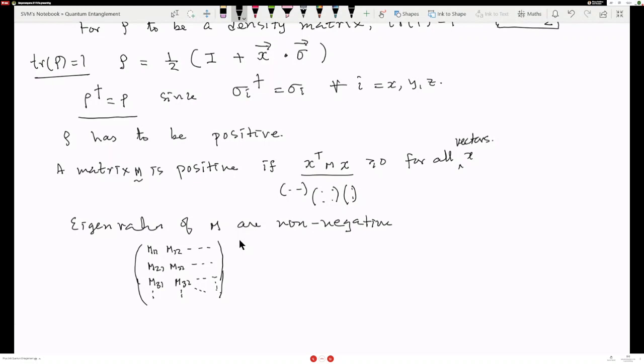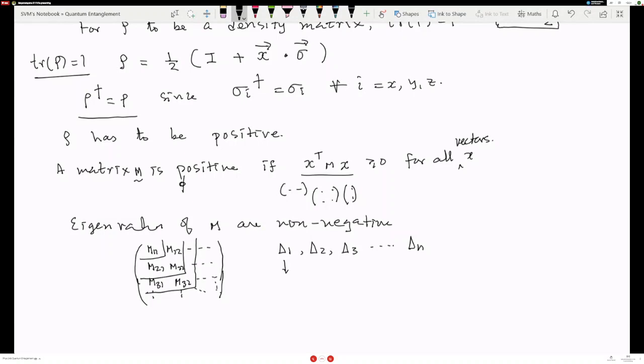Now you consider a 1 by 1 block of this, that is M11. Now this has to be positive. Now you take a 2 by 2 block of this, and determinant of this has to be positive. Now take a 3 by 3 block of it, and determinant of this is positive. So let us call this delta 1, delta 2, delta 3, etc., delta n.